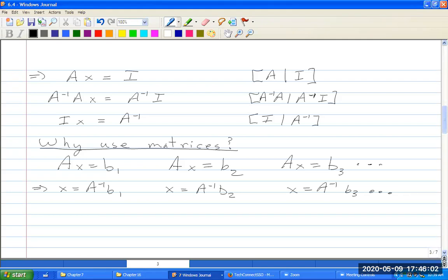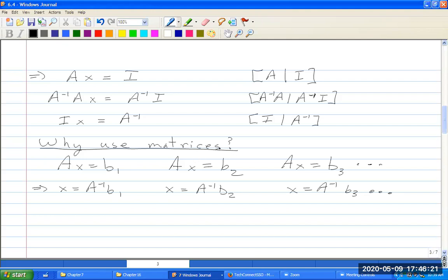Why would we want to use inverse matrices? If I had the following situation, suppose I wanted to solve the system of simultaneous linear equations AX equal B1. Then I want to solve the equation AX equal B2.